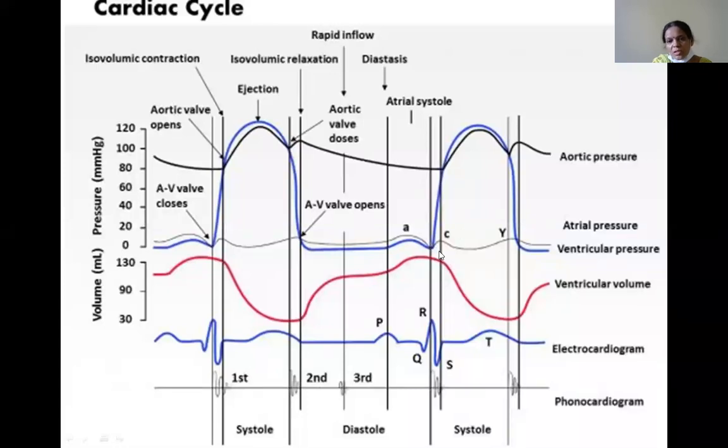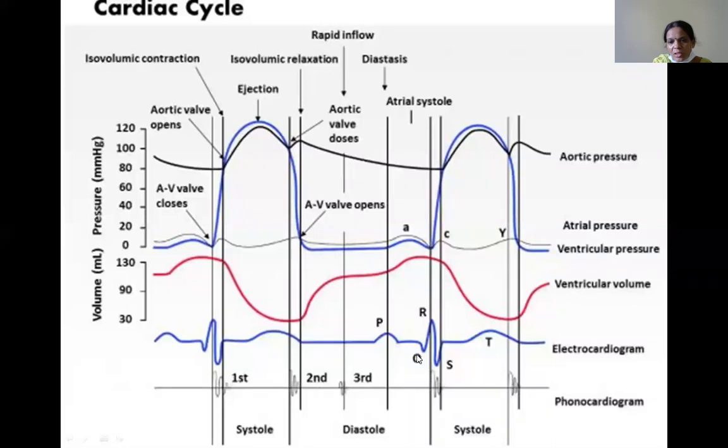So what happens? The pressure will be generating in the ventricles, but with no change in the chamber size. That is why this phase is termed isovolumetric contraction. This is the isovolumic contraction.